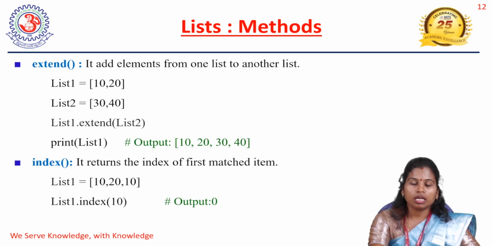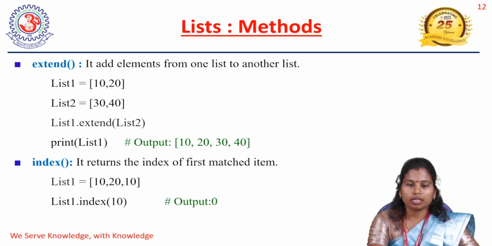Now coming to the list methods. Here we have an extend method. Using this extend method, we can extend one list with another list. That means it adds elements from one list to another list. Here it is list1.extend(list2). List2 contains 30, 40, that is extended to list1. List1 contains 10, 20.